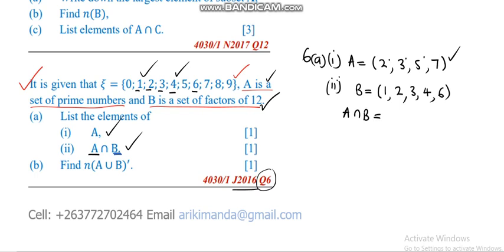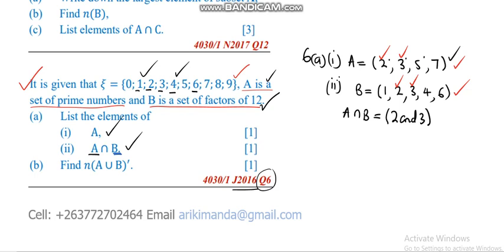Intersection simply means elements that are common between sets A and B, or elements that are found in both A and B. As you can see, this is set A, this is set B. We find a 2 in A, we also find a 2 in B. We find a 3 in A, we also find a 3 in B. We can't find a 5 in B, we can't find a 7 in B. So the elements that are common, on the intersection, are 2 and 3.